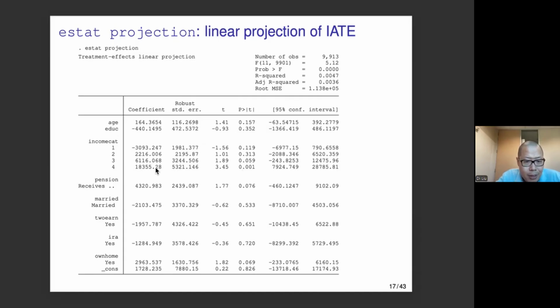So these numbers tell us the directions of the effect of certain variables on the treatment effects. So it is interpreted as the effects of the effects.